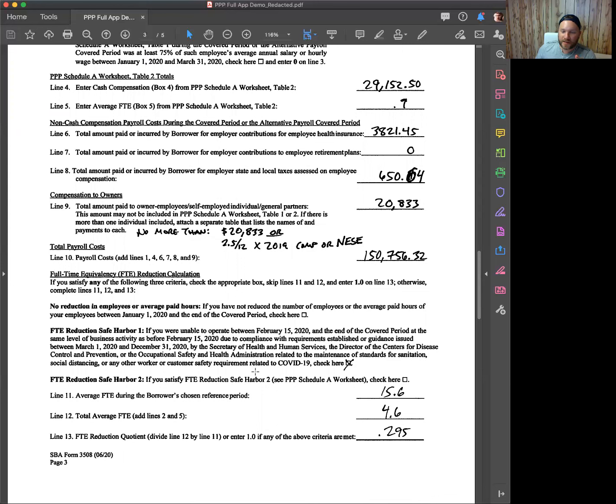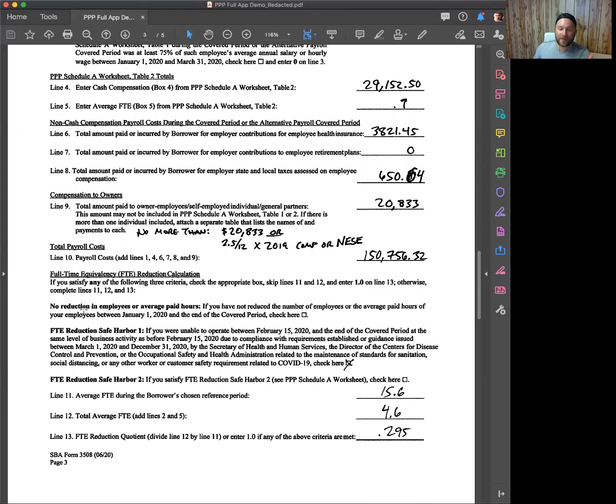Okay. FTE reductions, right? Here are a couple ways that you can avoid a reduction in your forgivable amount based on headcount going down. Number one, which is just part of the program, and it's not even considered a safe harbor. This was just kind of in its design, right?